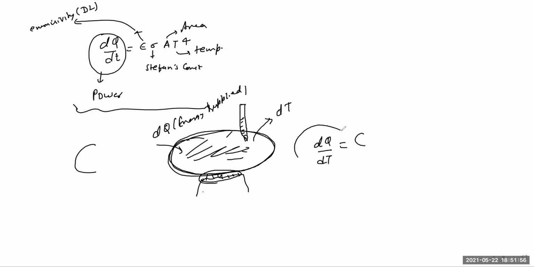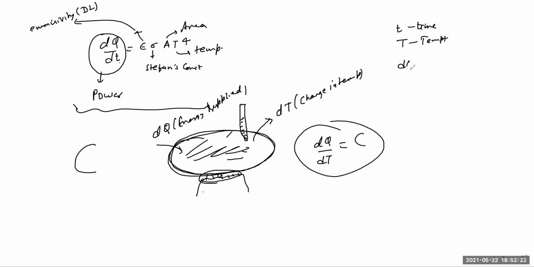Sir, dQ by dt is power, no? Yes, with small t, time, it is power, but here it is temperature, so it's not power. Oh, I think I got your confusion. Small t represents time and capital T is temperature.